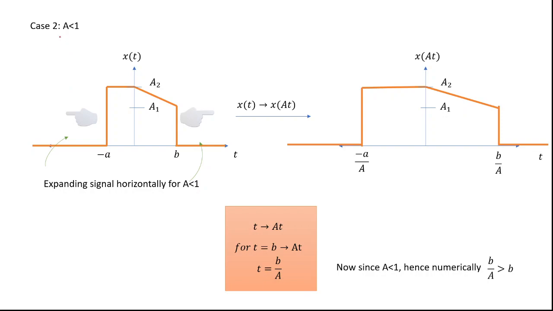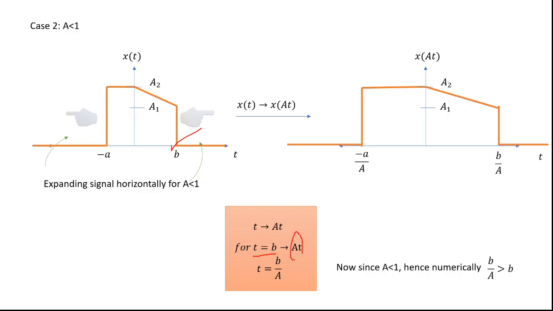Similarly, if the scaling factor is less than 1, then the signal expands horizontally. We can also verify this analytically. Suppose we have scaled the time axis by a, and originally the position of the signal was at t equal to b.